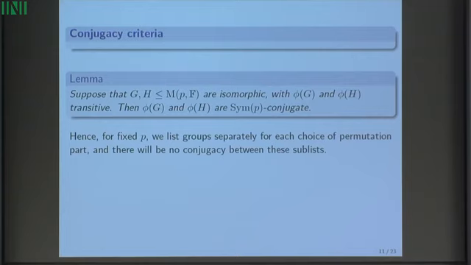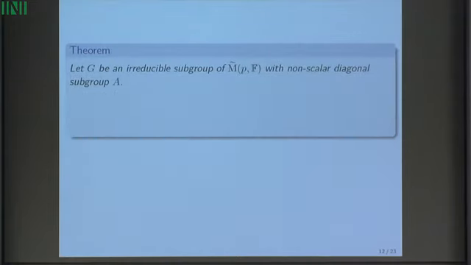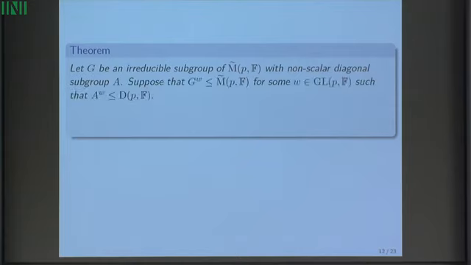So sticking with the conjugacy question, the main thing to look at here is whether conjugation maps diagonal subgroup onto diagonal subgroup. If it doesn't, then your monomial group must be solvable. That's the only way that this can happen. And if diagonal subgroup does map to diagonal subgroup, at least for the irreducible monomial groups, then the conjugating matrix has to be monomial itself.